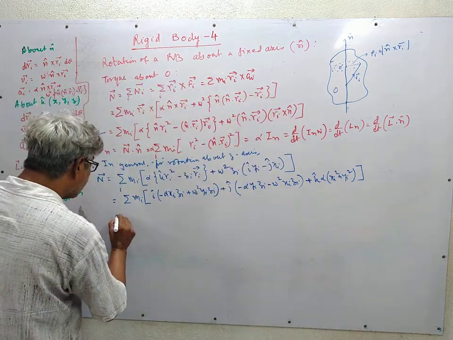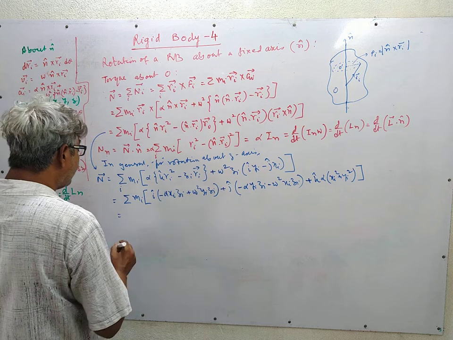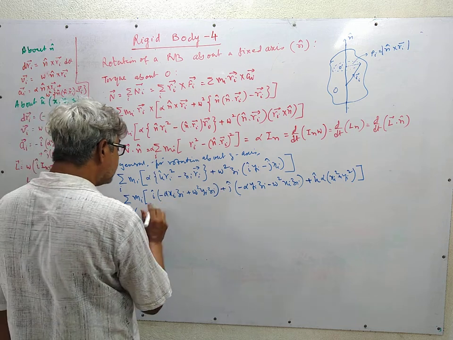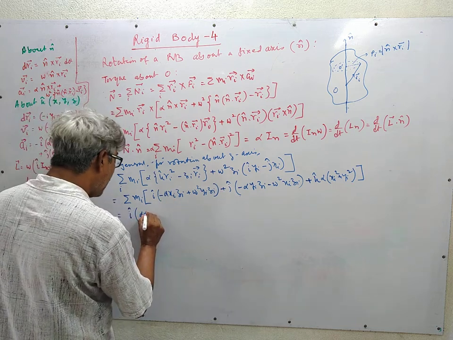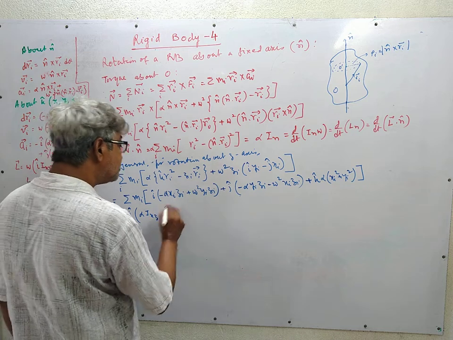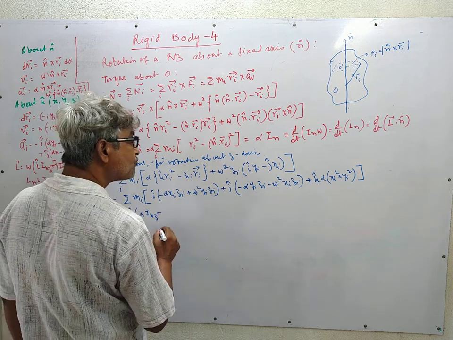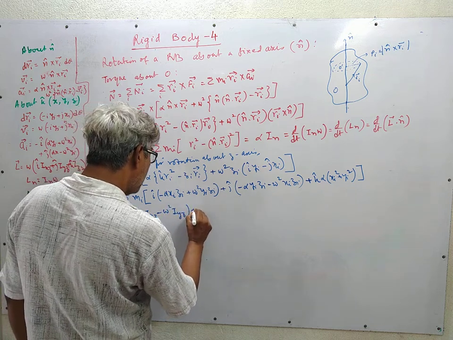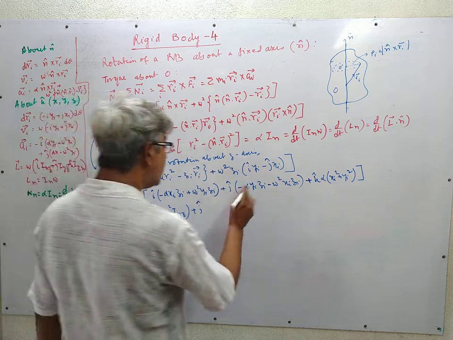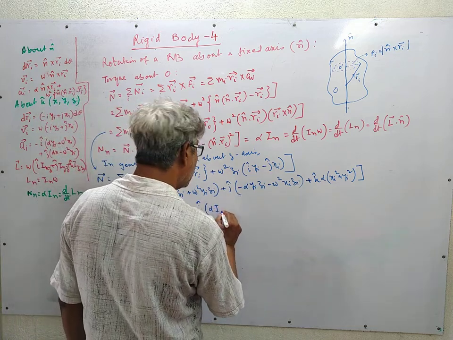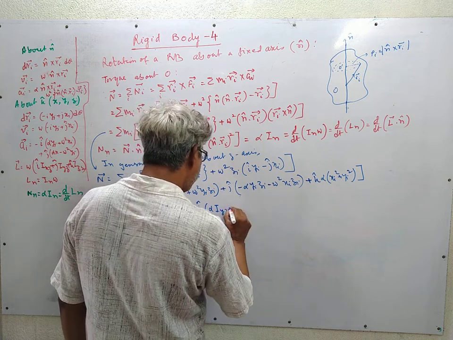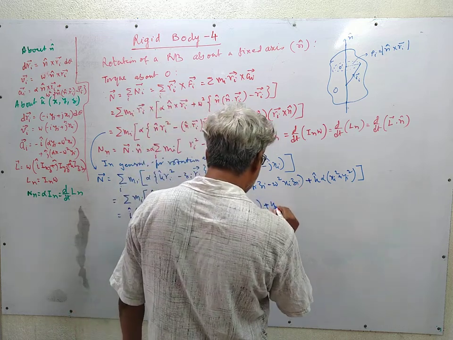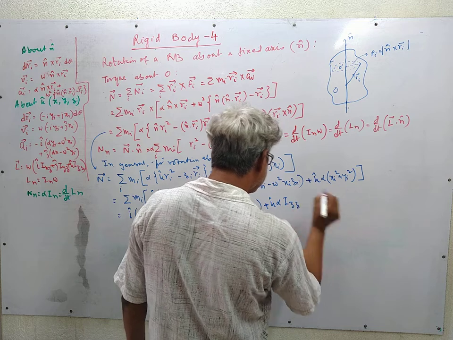If we collect the terms and write them in terms of moments of inertia, this becomes i cap, this part is alpha I_xz, minus omega square I_yz, plus j cap alpha I_yz, plus omega square I_xz, and this is k cap alpha I_zz.